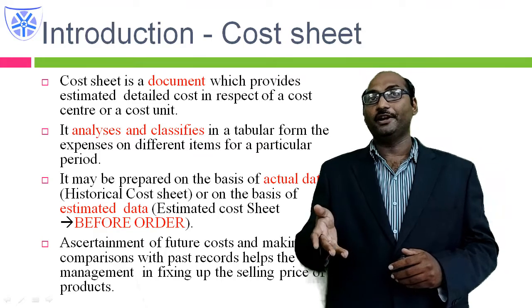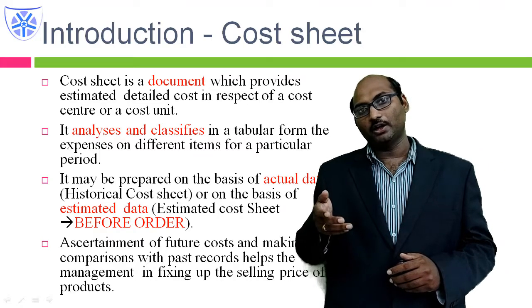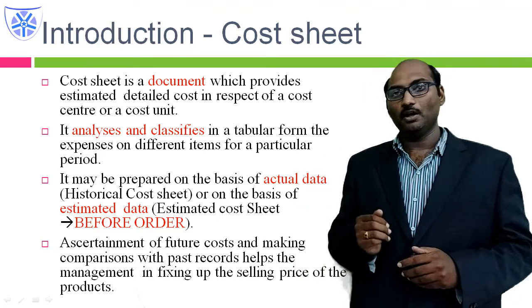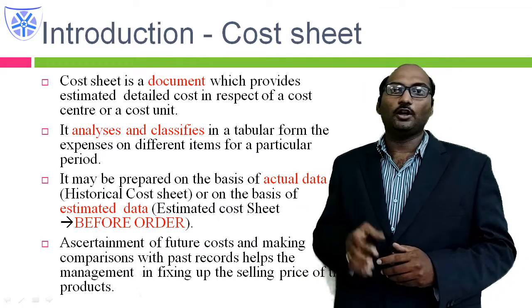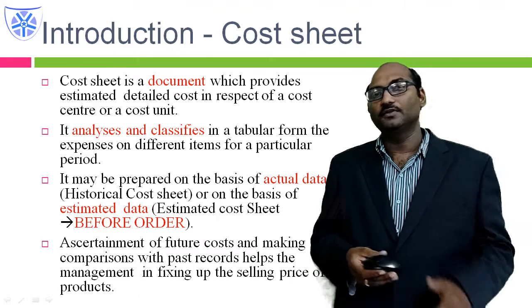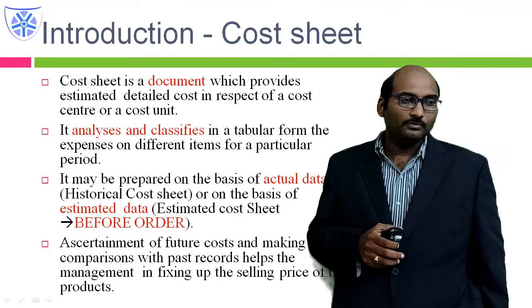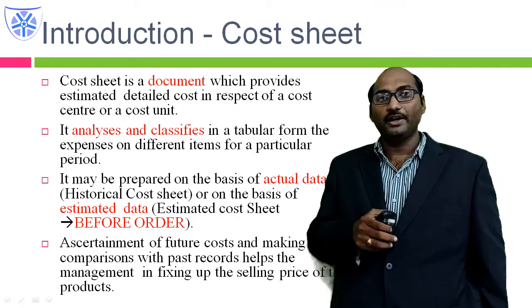Okay. So it may be based on actual data to understand the actual cost, or it may be estimated data. Sometimes before receiving the order, we need to estimate the costing and give the quotation to the buyer so that he will place the order with us, isn't it? So in that case, the estimated data will be there. In that case, it might also use the historical data of a company.